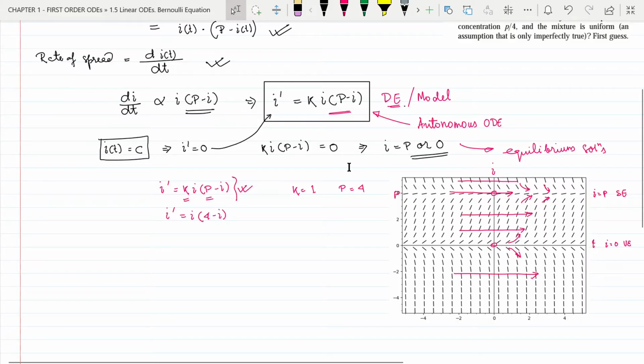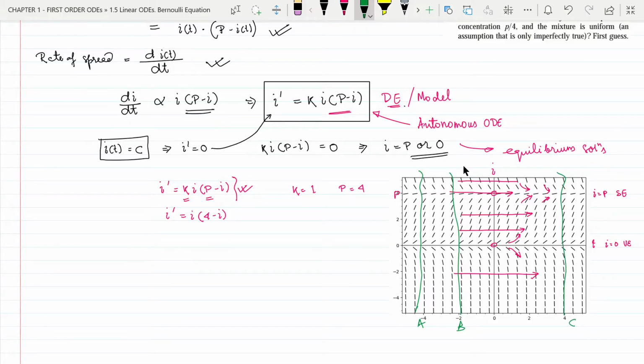Next, let us learn how to draw a phase line of an autonomous ODE. Now, since the property of the direction field doesn't change with change in t, we can reduce this two-dimensional picture into a single-dimensional straight line, because you can see if we take any cross section A, B or C, the slope of the linear elements will be the same across all cross sections.